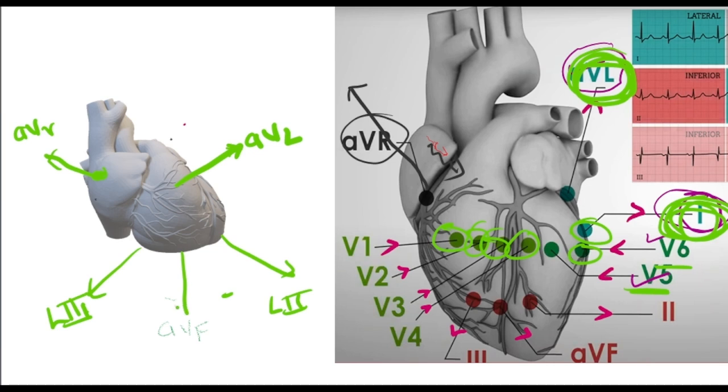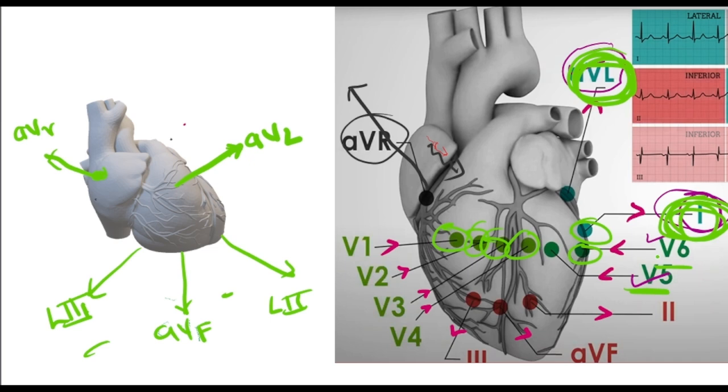So lead 2, lead 3, AVF, these are facing the inferior side. So if lead 2, 3, AVF show ST segment elevation, whenever I say elevation in this lecture, it means ST segment elevation, which is an important feature of MI, then it is inferior MI.